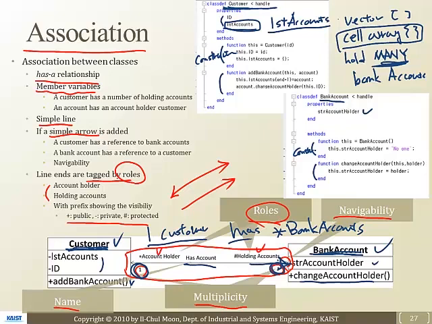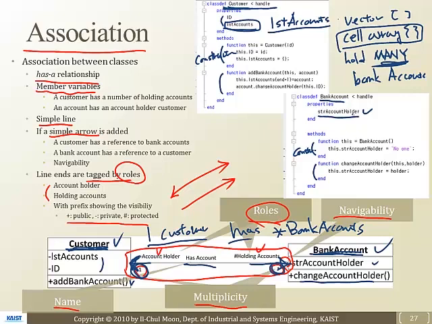And let's see what is happening on the bank account side. Of course, here we have this arrow, right? Oh, it should be a simple arrow, right? This. So it has a simple arrow. It means the bank account should also be able to utilize the customer instance. Actually, it can by utilizing the string account holder.